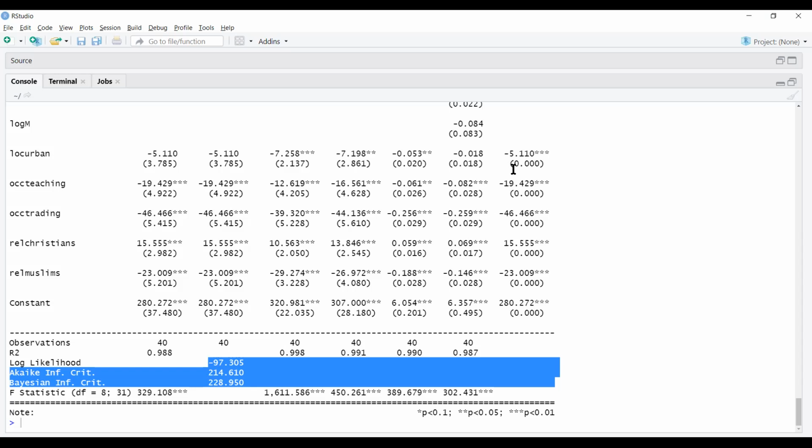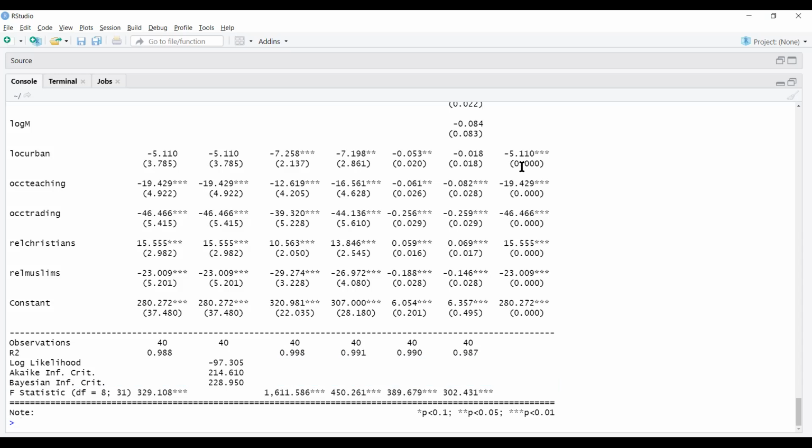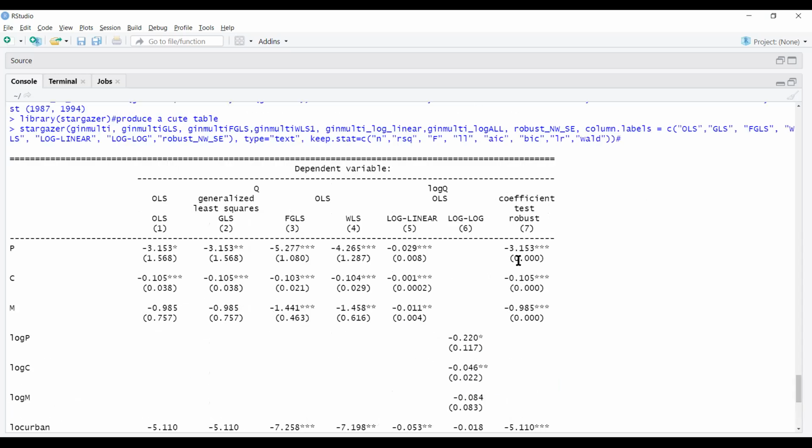Now somebody says that the values under the final one, the robust here, okay? The person says he thinks those values are the p-values. No, they are still the standard errors. Let me tell you why. Remember that robust measure, it was correcting for the standard errors.